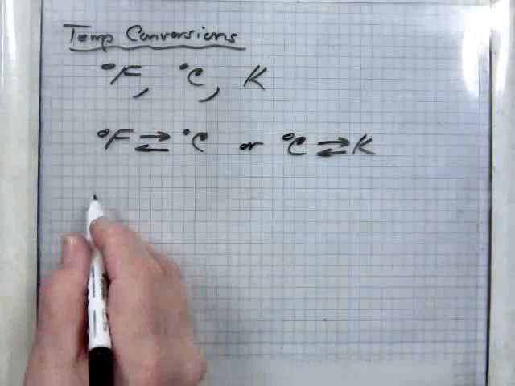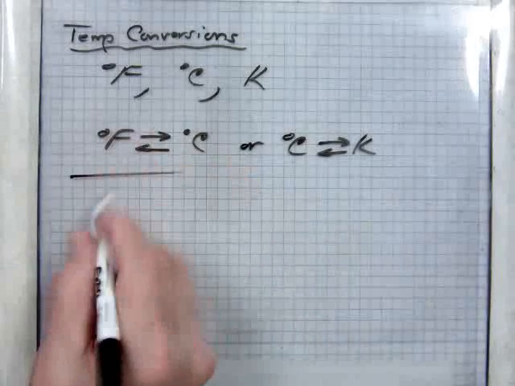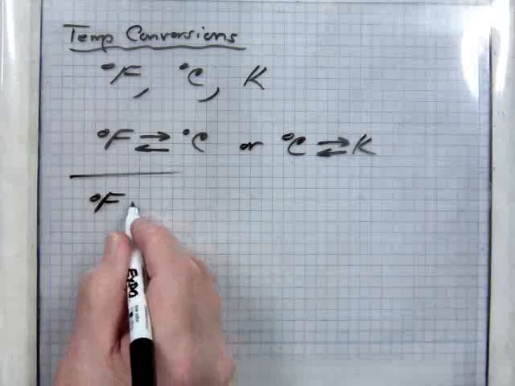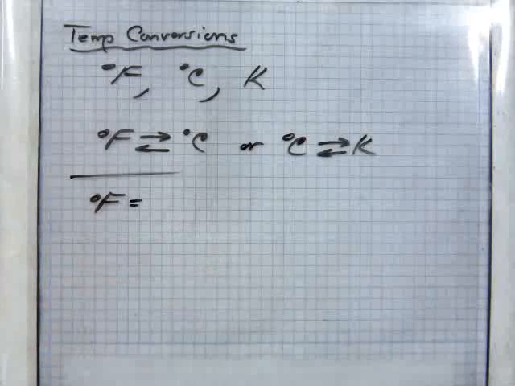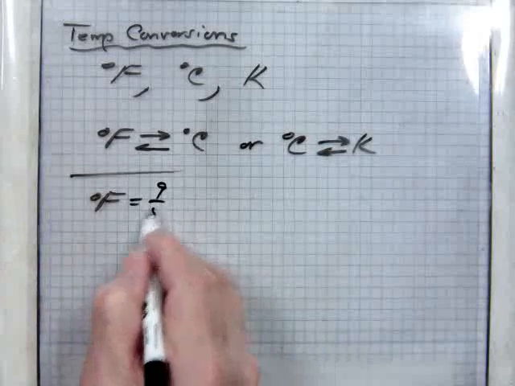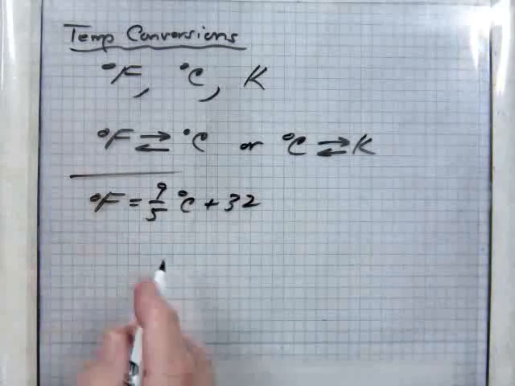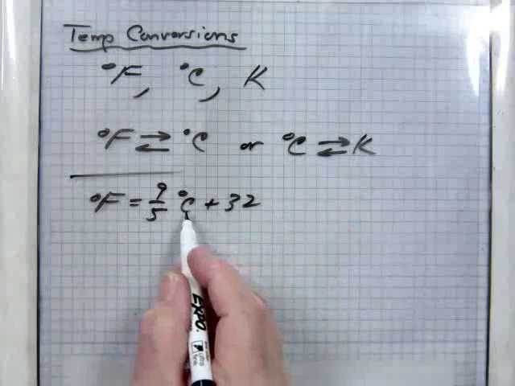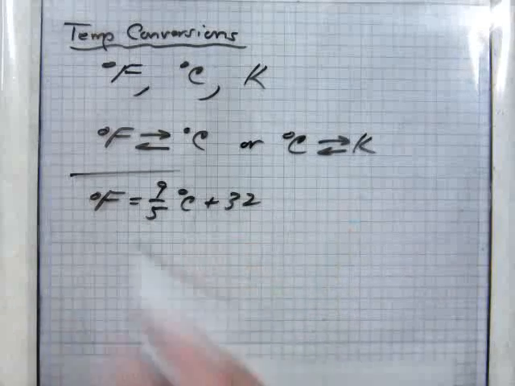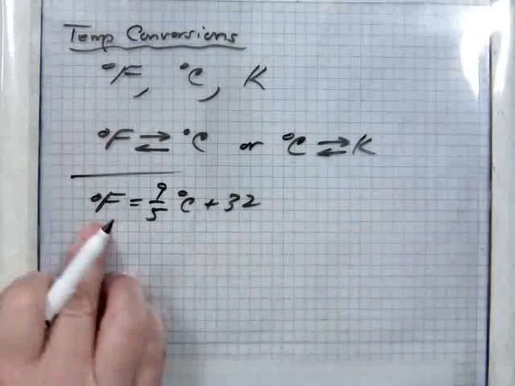Okay, so for the first conversion, degrees Fahrenheit from given degrees Celsius is 9/5 degrees C plus 32. So you're given Celsius, go to Fahrenheit.